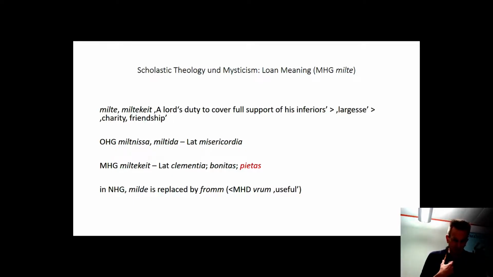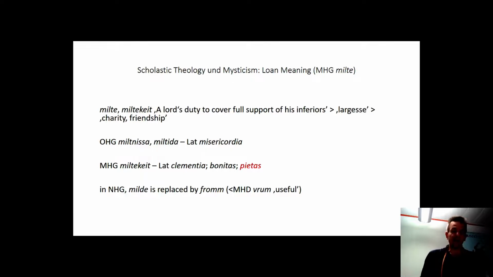The expansion of meaning continues in late Middle High German, where Milte now means mercy, goodness, friendship in general. The decisive impetus for the late Middle High German development was the competition that had arisen for Milte from the loan translation Miltigkeit, which came from the scholastic translation literature and was modeled on the Latin clementia, bonitas, but above all pietas.